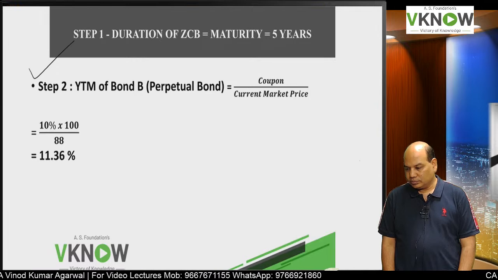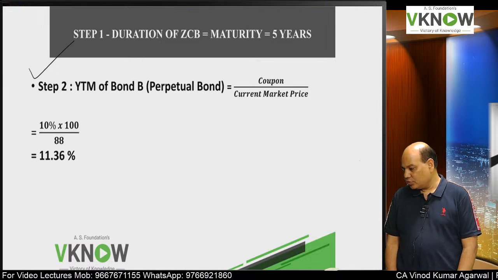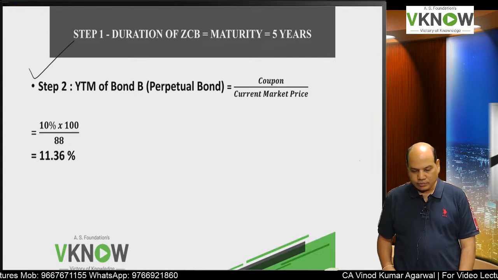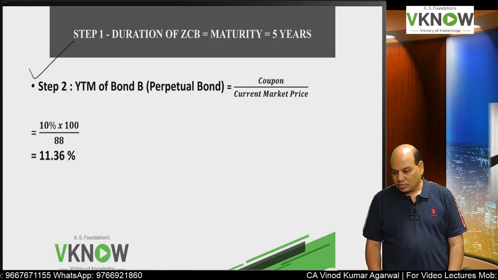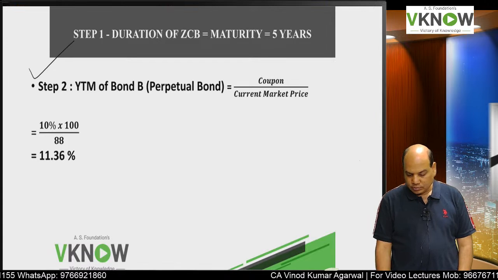Coupon is 10% of 100, divided by 88. So the answer is 11.36%. Now using that 11.36%, you will be able to compute the duration of the perpetual bond.